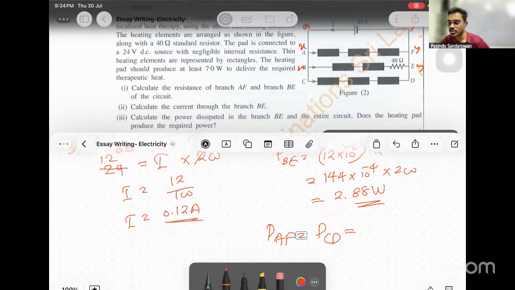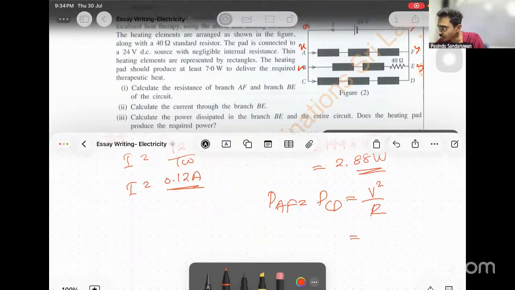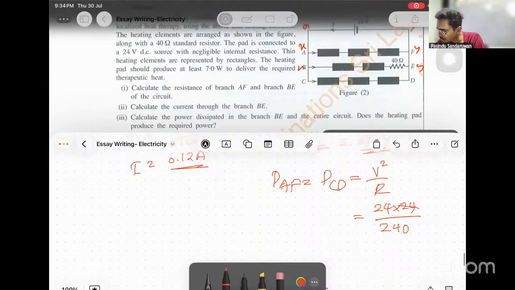Since the current is not found, we go with the potential: power can also be written as V squared over R. V is 24, so 24 times 24 over 240 is 24 times 10 over 100, that is 2.4 watts. P_AF and P_CD both equal 2.4 watts.